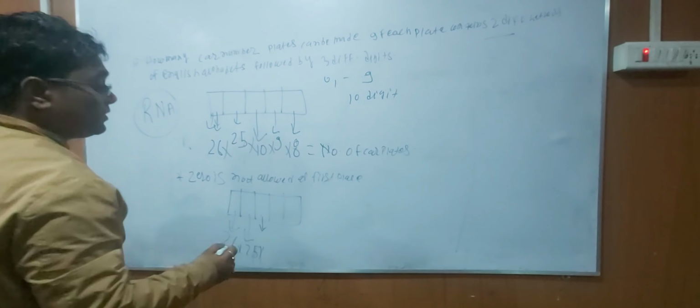In the question of digits, we can always check that repetition is allowed or repetition is not allowed. Okay. After reading the question you can understand whether repetition is allowed or not. Like a different alphabet, different digit means repetition is not allowed. Okay.